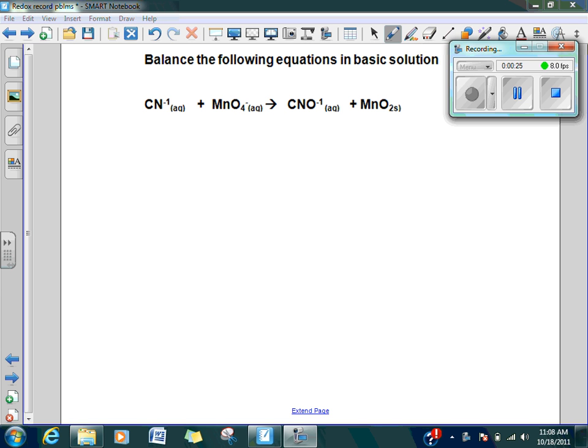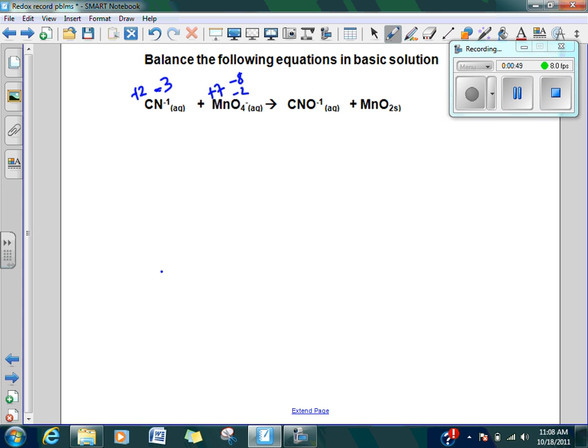So the first thing I need to do is assign my oxidation states. Remember, we're doing the one that has the highest electronegativity, which would be nitrogen at a -3. If overall this needs to be a -1, that would make my carbon a +2. Over here at oxygen -2, -8. Overall I have this -1 charge right here, and so this is going to be a +7.